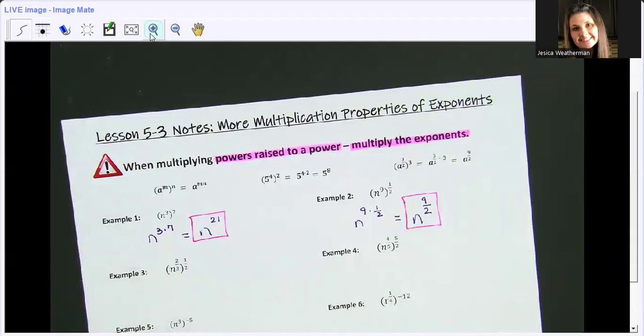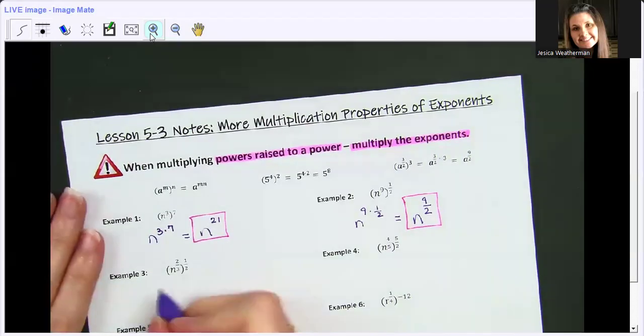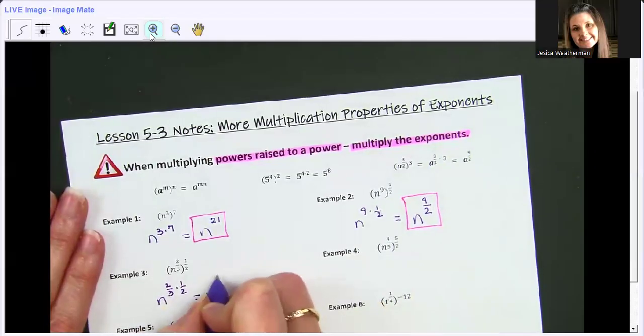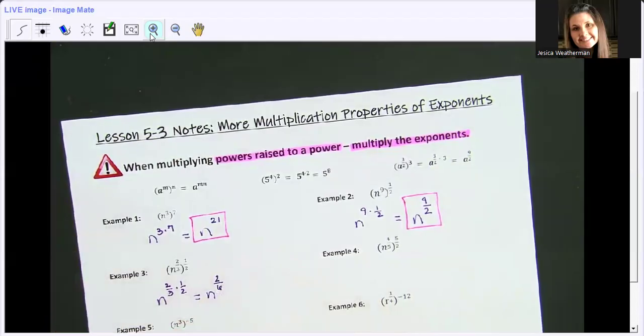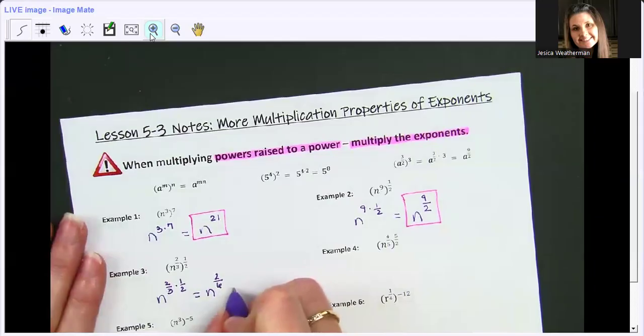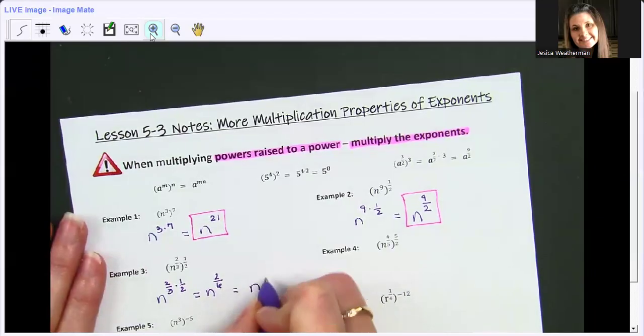Now, if you come across a negative exponent, you're going to have to move it. In this case, example 3, we have n to the power of 2/3 times 1/2, which equals n to the power of 2/6. Reduce your fractional exponent. So the final answer would be n to the power of 1/3.